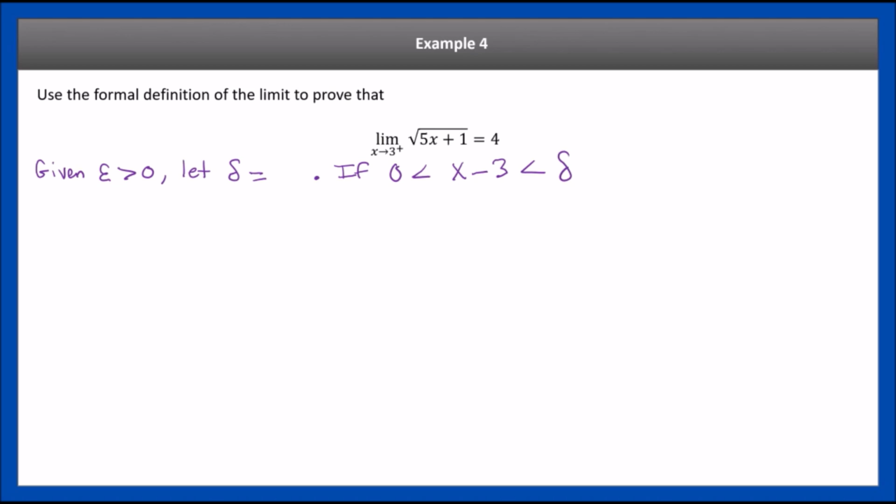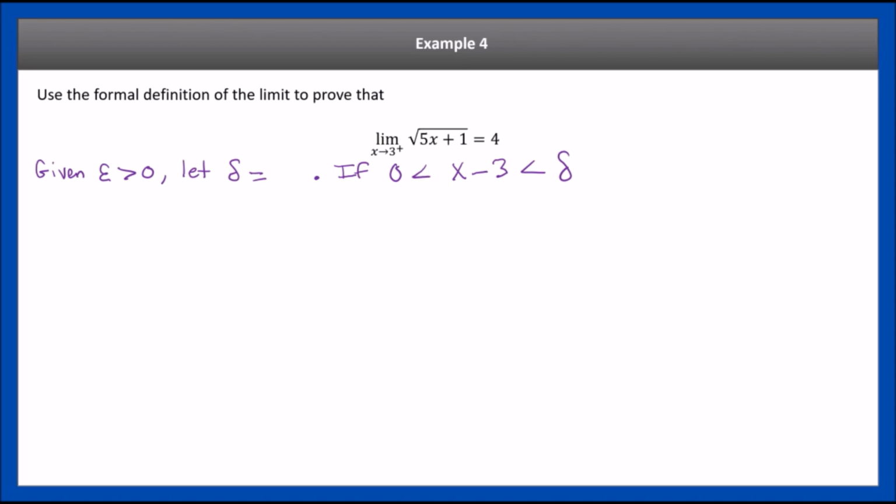Again, what this is saying is that if I move the 3 over, x is between 3 and 3 plus delta. If you think about it on the number line, if this is 3 and this is 3 plus delta, then you're approaching 3 from the right side, hence x is to the right of it, between 3 and 3 plus delta. That's exactly what that's saying.